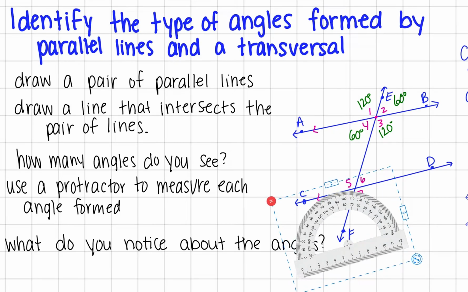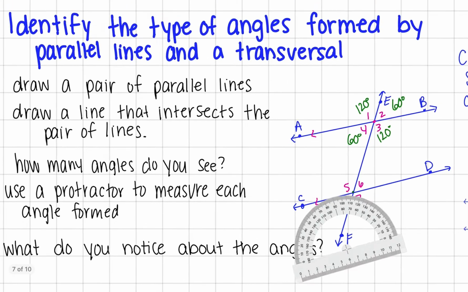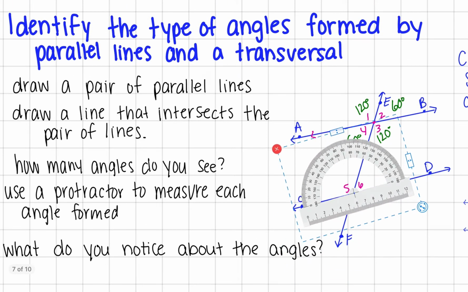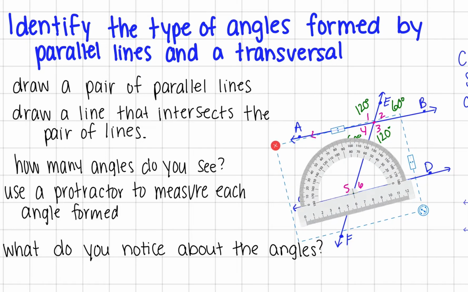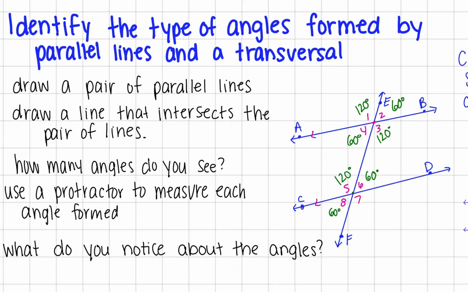I'm going to first make a dot on my vertex so that I can match up my line. It looks like angle 6 is also 60, which means angle 5 is 120, and opposites.